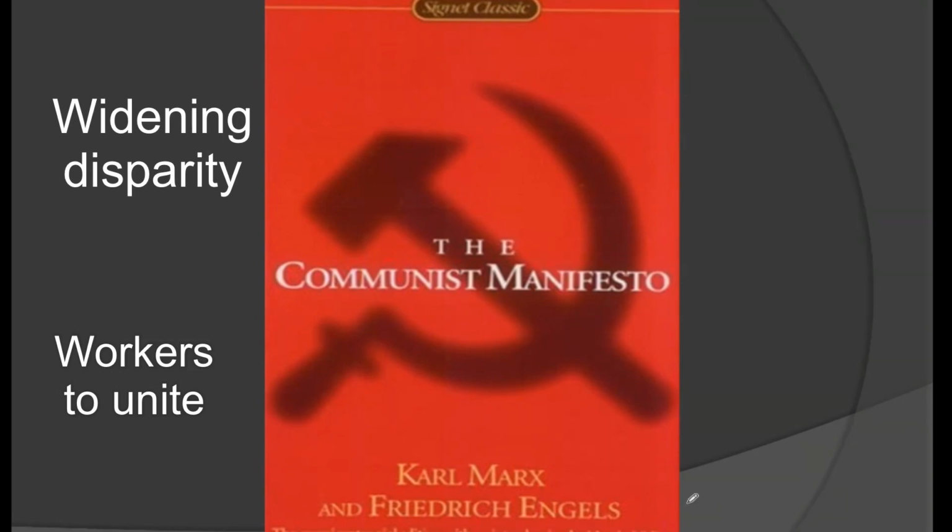For what? They would unite to start a revolution against the capitalist class. In fact, Karl Marx called for a violent revolution.